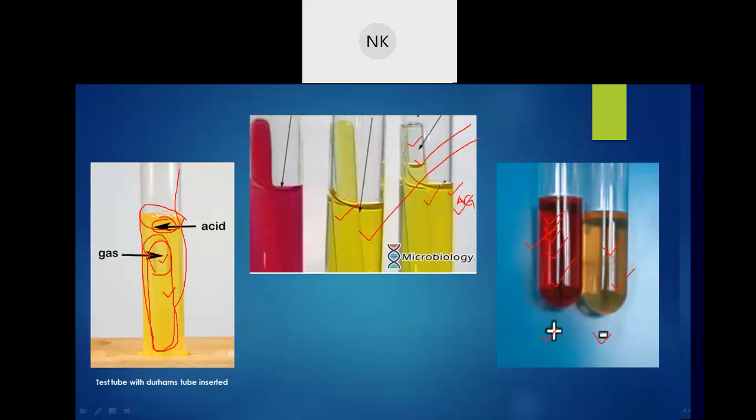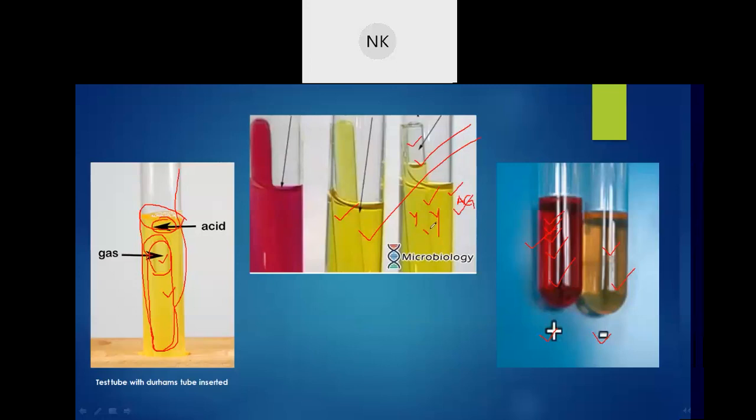When we use phenol red, it is only for detection of acids, not for gas detection, and it will turn the broth yellow in color. That means phenol red at lower pH is yellow in color. At higher pH, above 7 and alkaline in nature, it is red to pink in color.